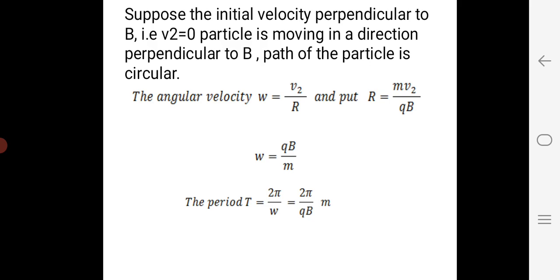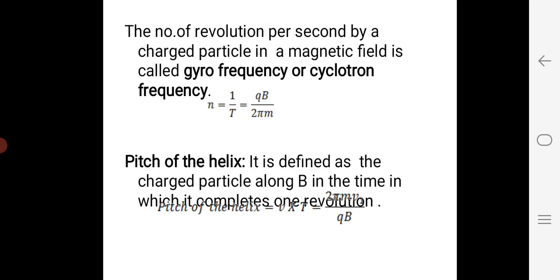Then the period T equal to 2 pi by omega, which is equal to 2 pi m by qB. The number of revolutions per second by a charged particle in a magnetic field is called gyrofrequency or cyclotron frequency. So n is equal to 1 by T equal to qB by 2 pi m.